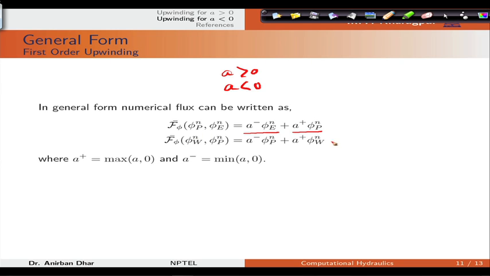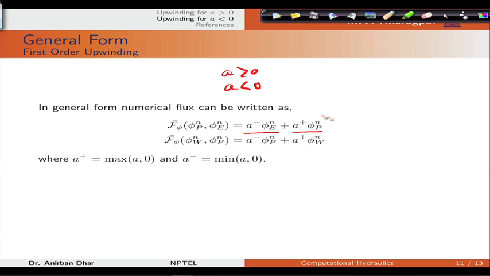At E cell, if information is moving in the positive x direction, then we should consider P cell value, or in negative direction E cell value.